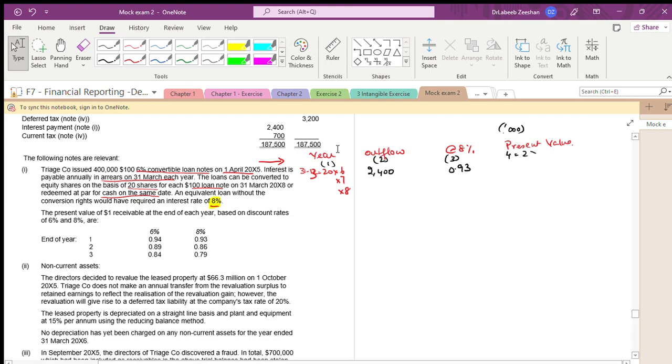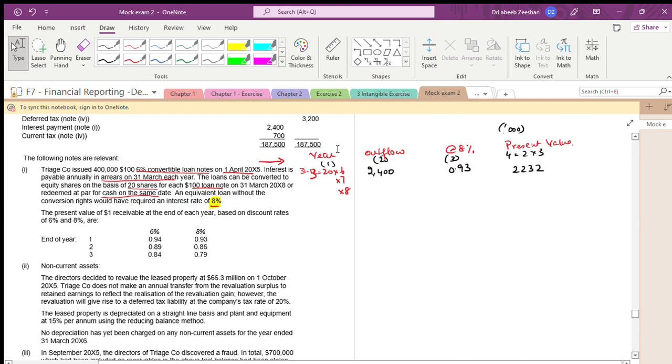Column 4 is 2 times 3. 2400 into 0.93 is 2232.